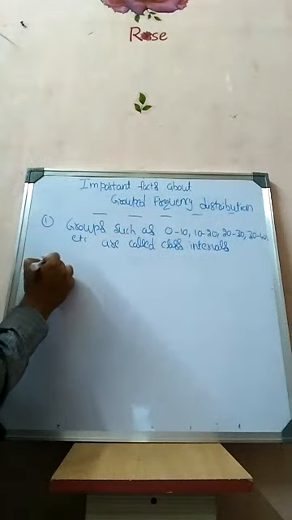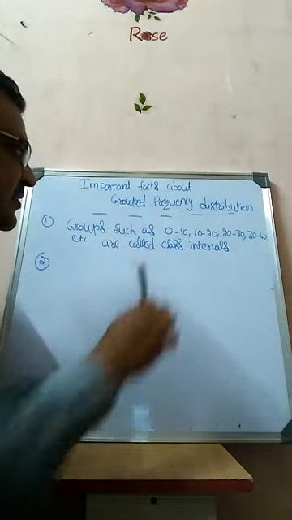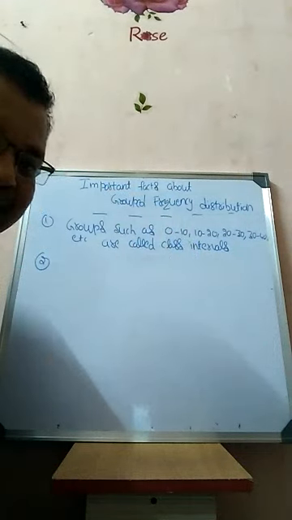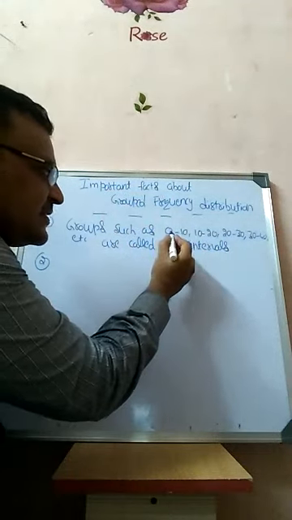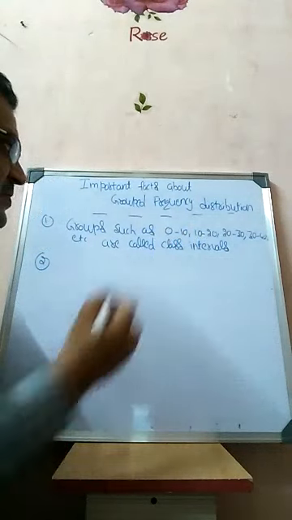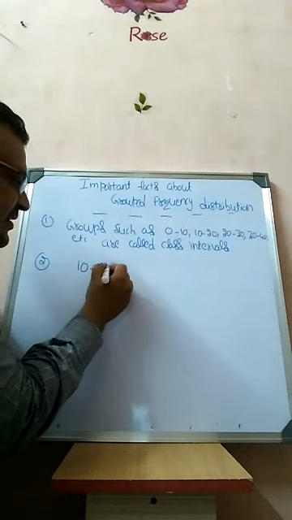And next, the upper limit and lower limit. Take any one class, I will take 10 and 20.